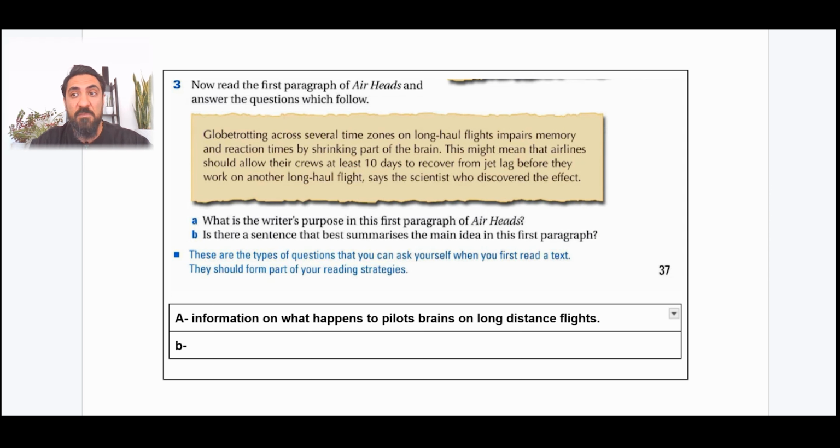It gives you information about what the main idea of the paragraph is. So globetrotting across until brain. This is the main sentence which summarizes the idea of the paragraph. And that's it. Nothing very difficult or spectacular.